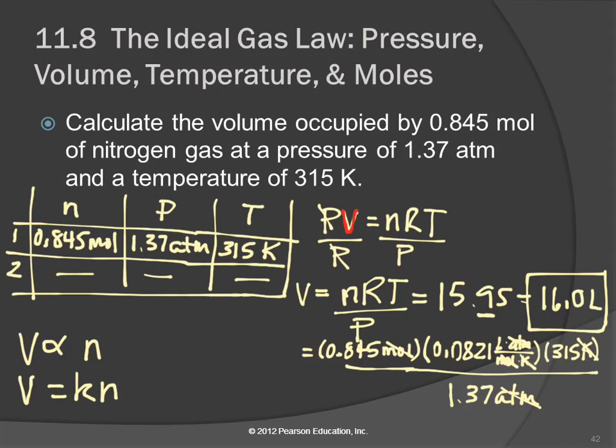Now, for each individual gas law, that constant's going to be different. But if you combine them all together, the constant is 0.0821. And that comes from experiment. You can do multiple different things, and it always comes out that constant's 0.0821. So that's something you need to remember. Any other questions?